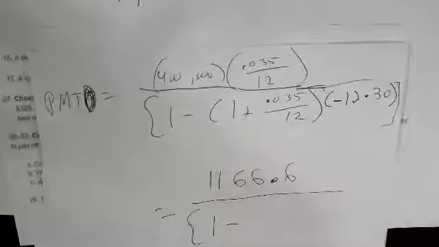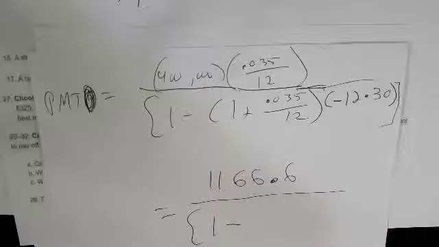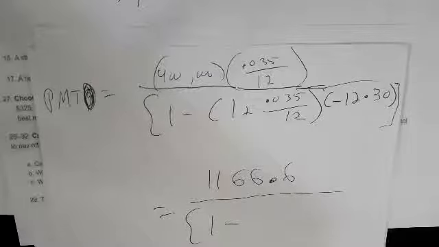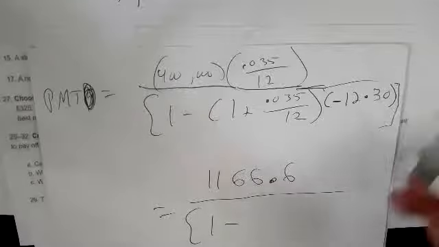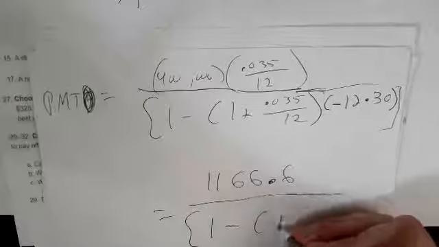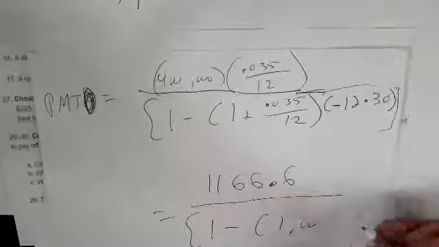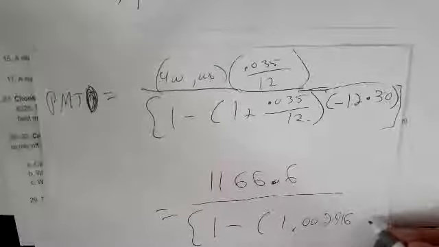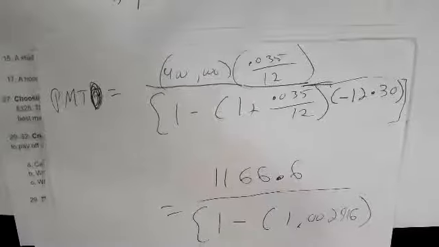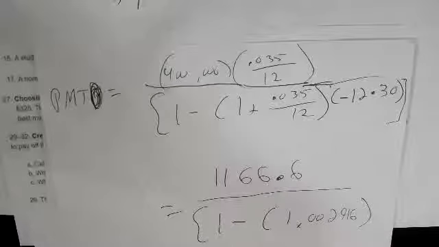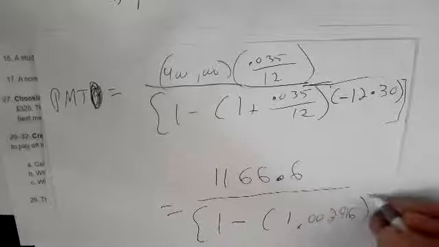This is 1 plus 0.035 over 12, and I add 1 to that, and I go to the negative what? 1.0029167 or 16 repeating. 12 and 30 is going to give me minus 360.